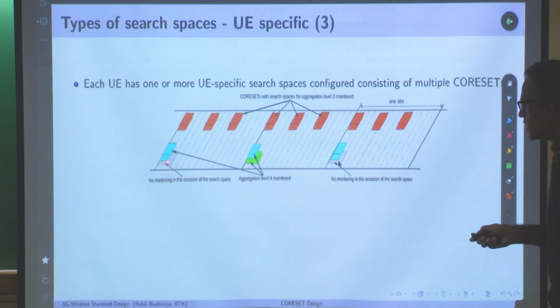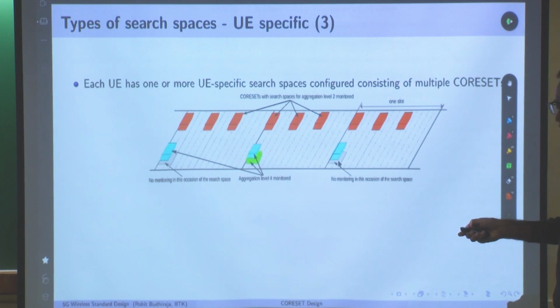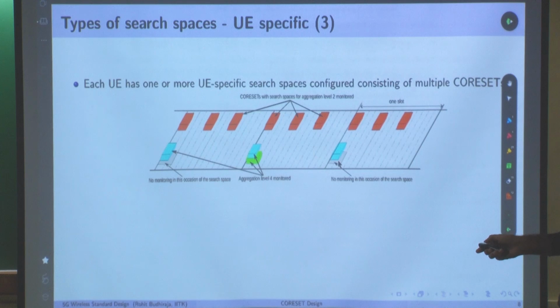And so what are we saying here? No monitoring in this occasion in this search space. Okay, right. But they are being monitored at aggregation level 4, but this is not being monitored by this user. Similarly here in this slot, this user will monitor this search space. It is evolving over time. This search space, it is again not monitoring there. Okay, right.